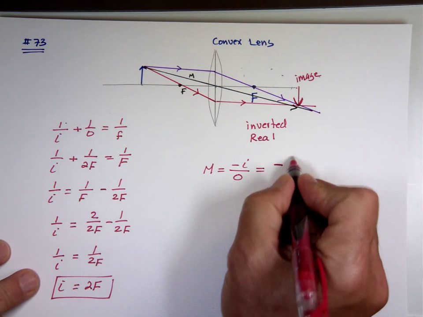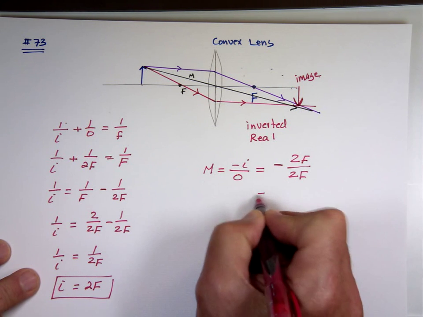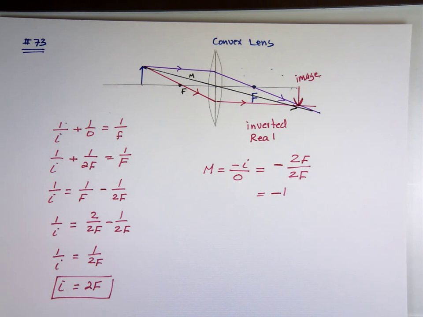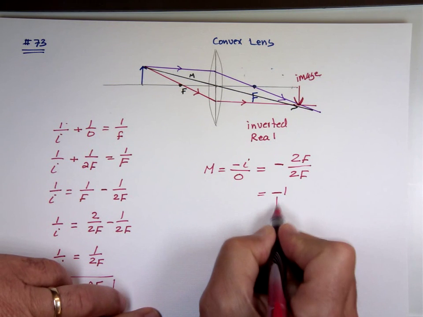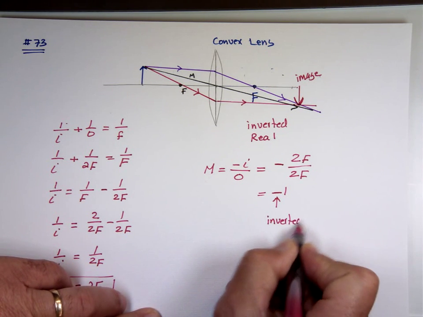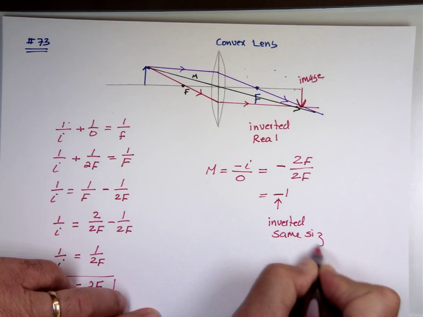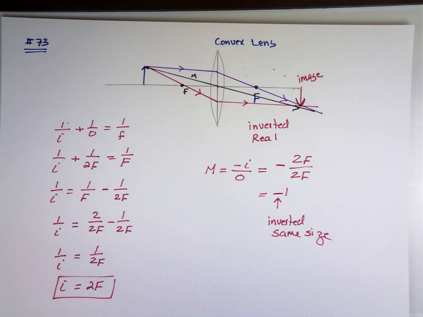And O happens to be 2F, negative 1. The same size. Inverted. Same size. No change in the size. Magnification is 1.